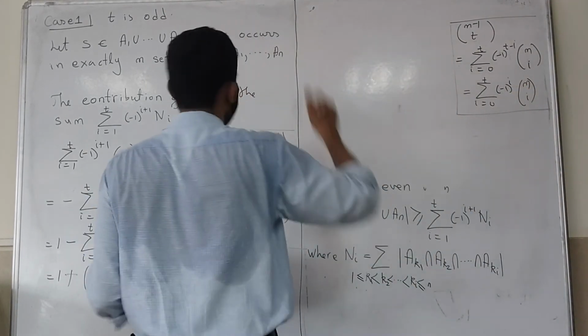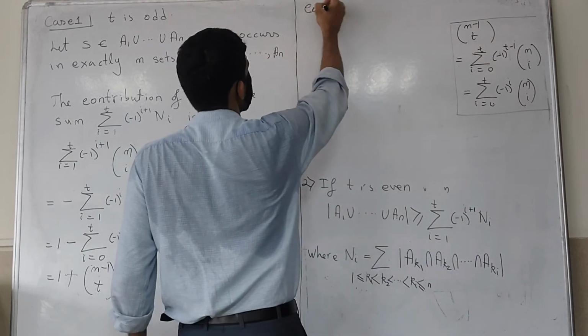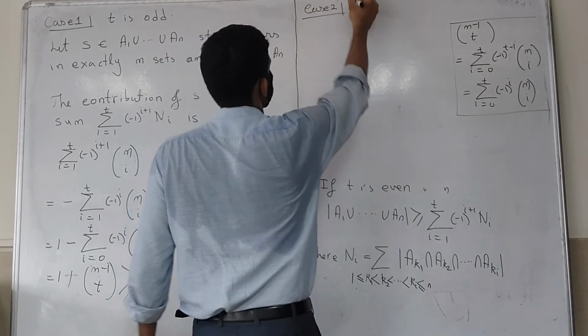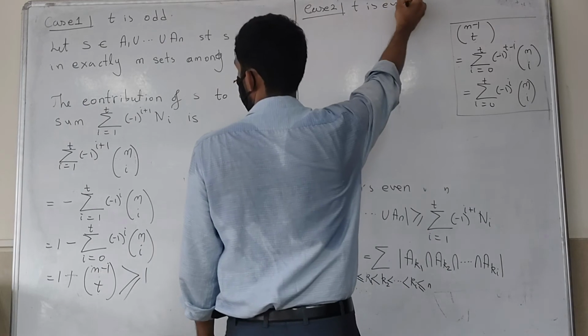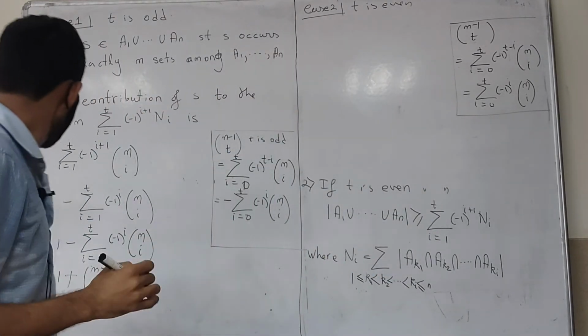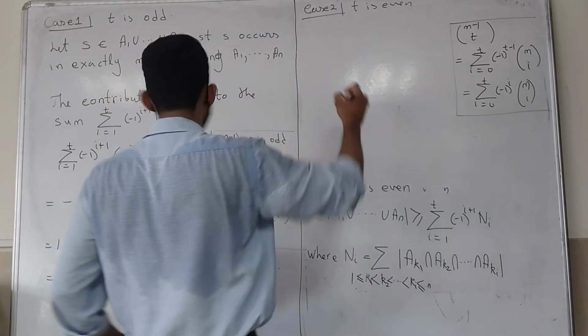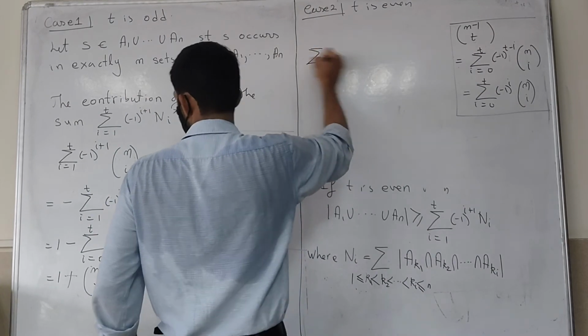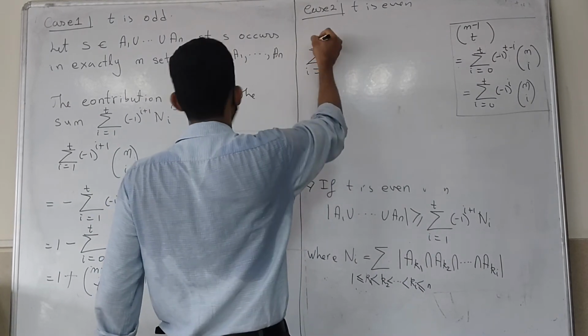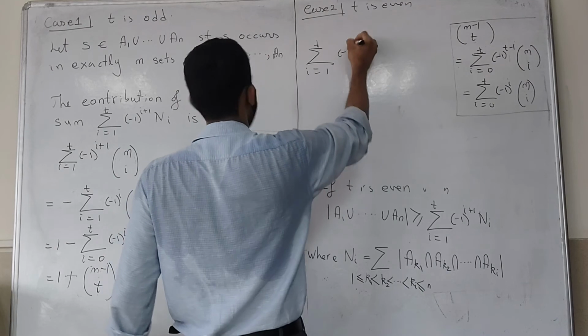Now you can count and do exactly the same case, that is case 2, that is t is even. Then what happens? The contribution will become summation I going from 1 to t. Exactly, this is the contribution, right?